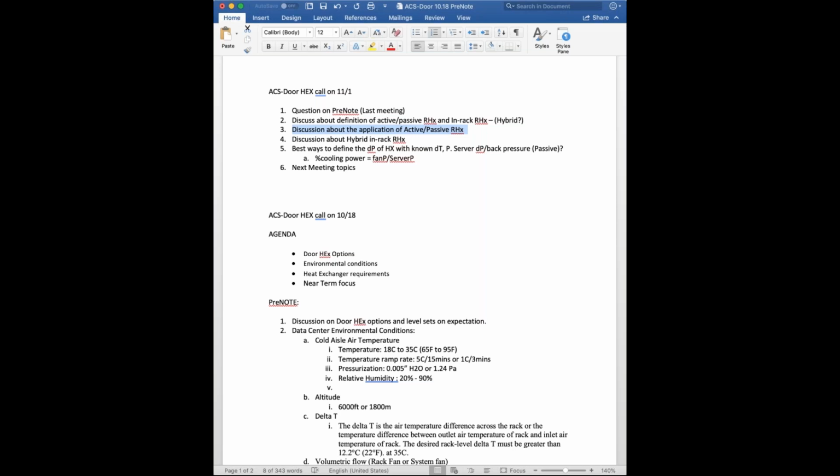One comment to add though is that in a way, using a rear door heat exchanger with a liquid cooling approach, there is a downside. The downside being that the biggest effect on the capacity of the coil is going to be the delta T across the server. So by mitigating, let's say, 70% of the heat through a direct to chip approach, the delta T is going to be affected negatively from the standpoint of the capacity of the coil.